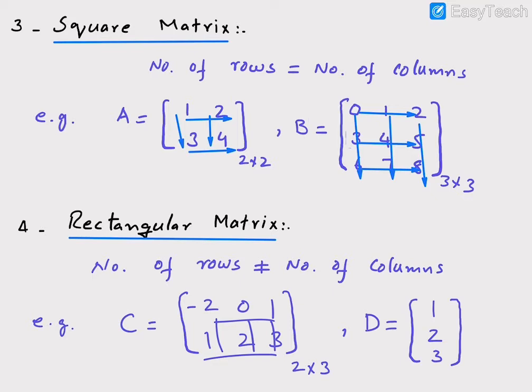Now what is the order of D? D has 3 rows and 1 column. So 3 into 1 is the order of D. You can see number of rows are not equal to number of columns in both cases. So if number of rows are not equal to number of columns, then it is called a rectangular matrix.